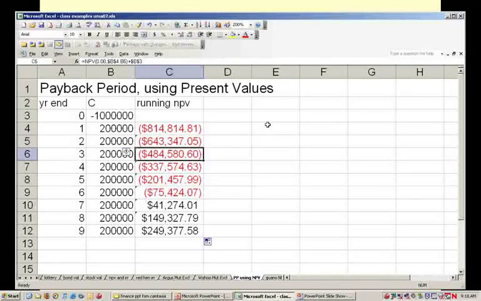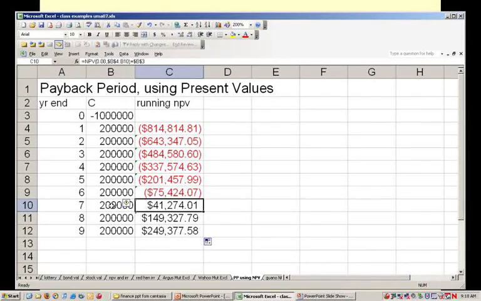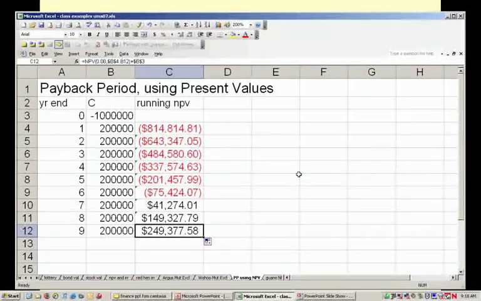It takes us all the way to year 7 to generate sufficient future cash flow to cover our initial cash outlay. And then if the project lasts 9 years, we have a nice about $250,000 positive NPV.